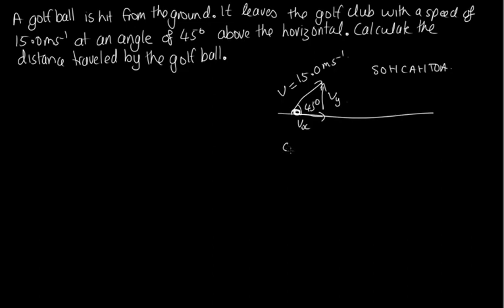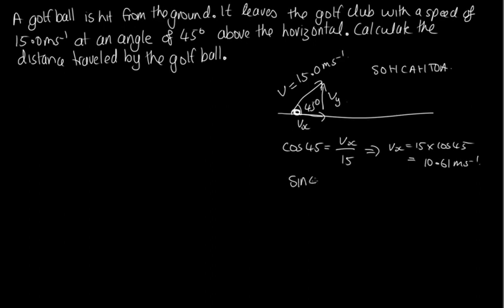So we can use cos of 45 is equal to Vx on 15, giving us that Vx is equal to 15 times cos 45. Solving this, we end up with Vx is equal to 10.61 meters per second. Now Vy is the opposite side, and we have the hypotenuse, so we use sine.